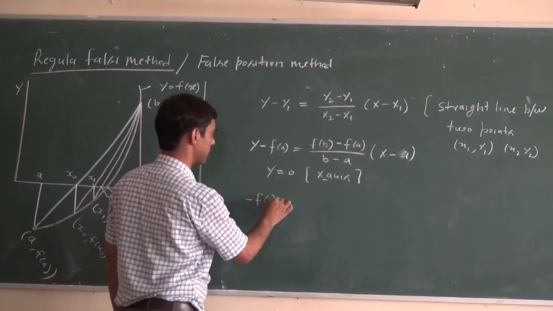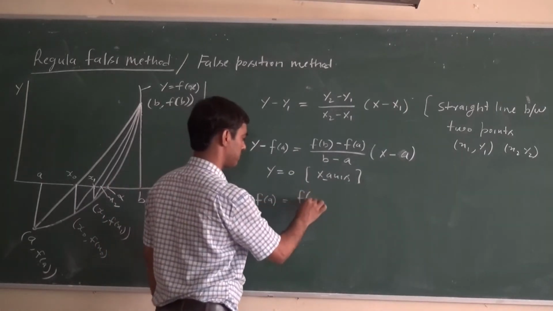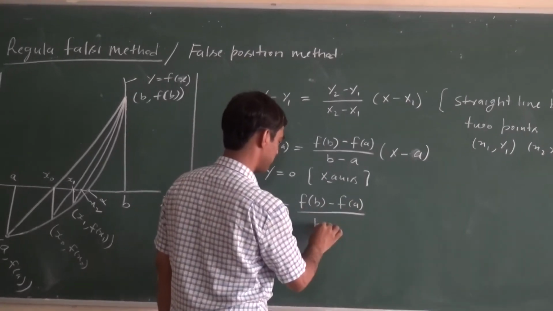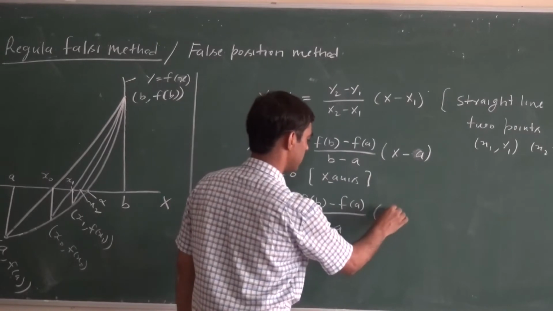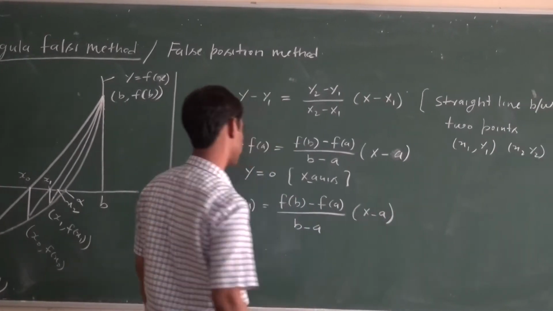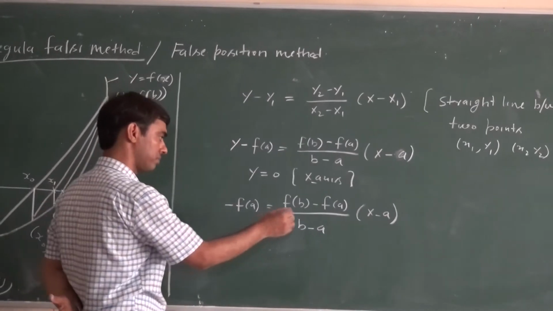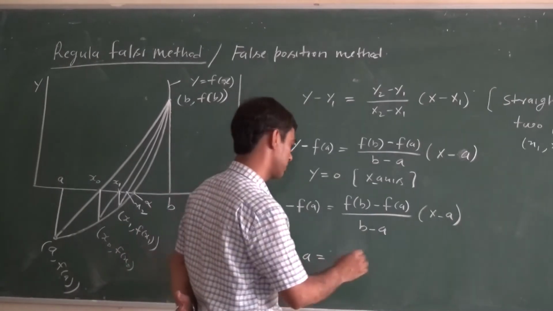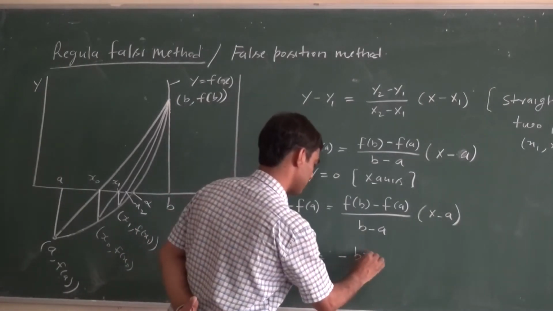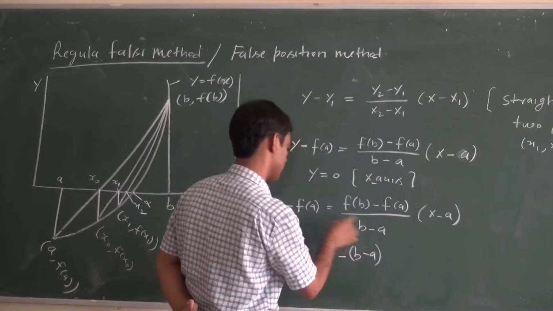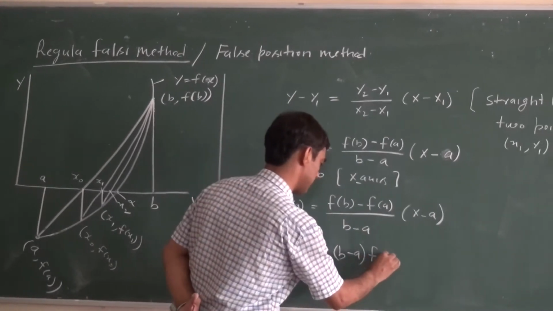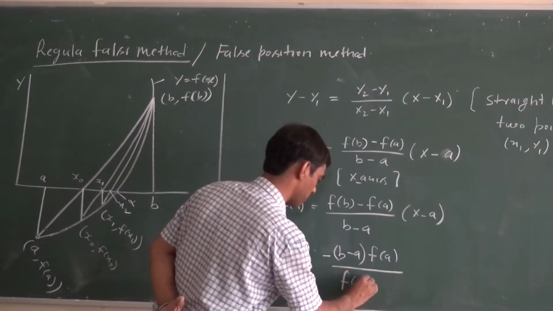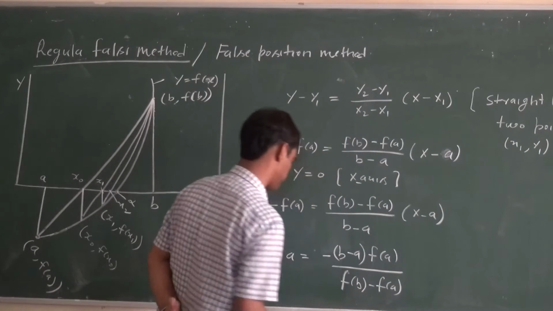Minus f(a) equals (f(b) minus f(a)) divided by (b minus a), times (x minus a). If we simplify this, x minus a equals minus (b minus a) multiplied by f(a) divided by (f(b) minus f(a)).